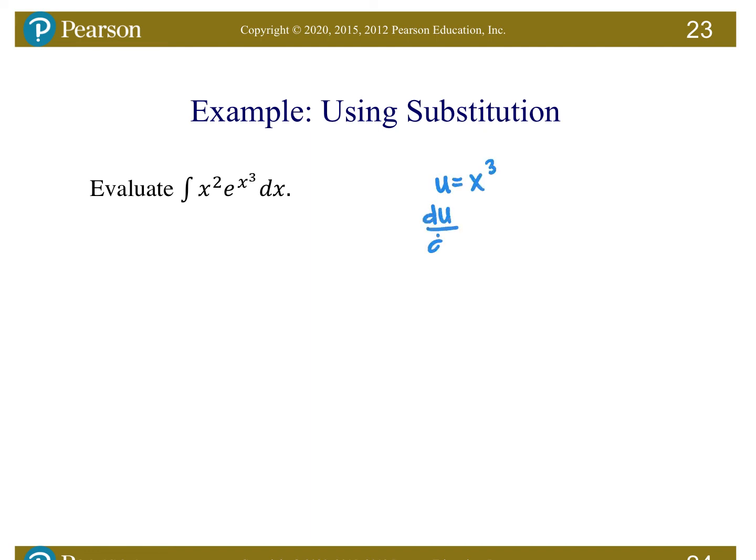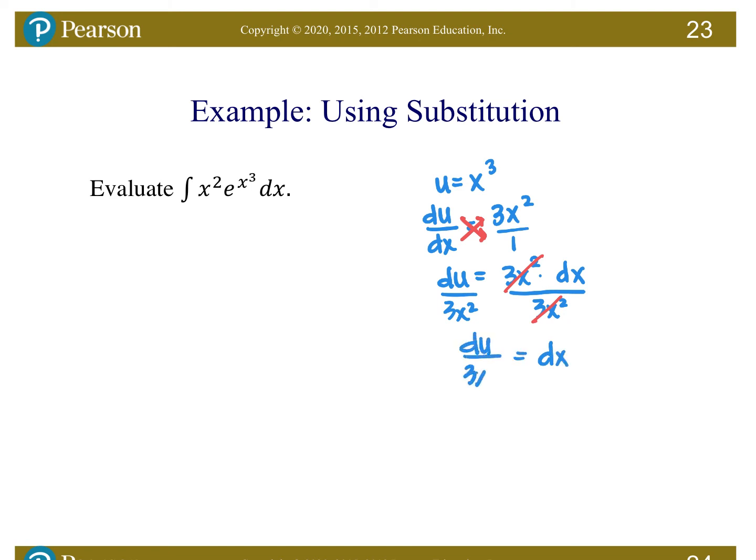So then du over dx, we would have the derivative, 3x to the second over 1 so that I can cross multiply, giving me du equals 3x squared times dx. And then our goal is to get the dx alone. So we'll divide by 3x squared, and we'll reduce. So dx alone is du over 3x squared.